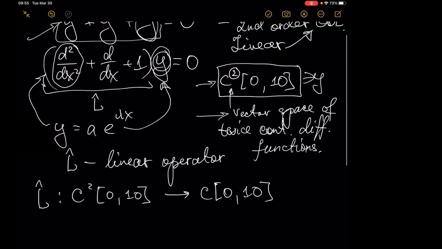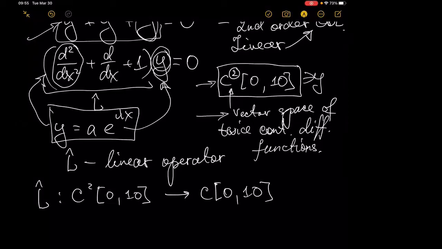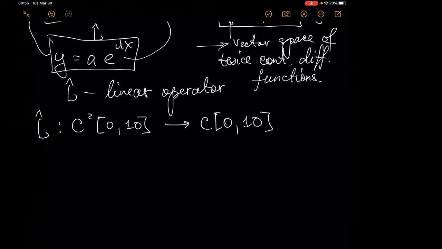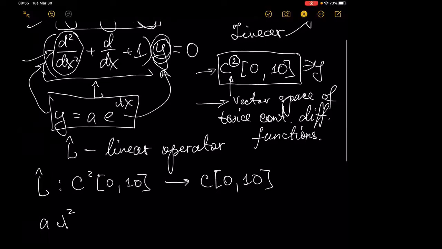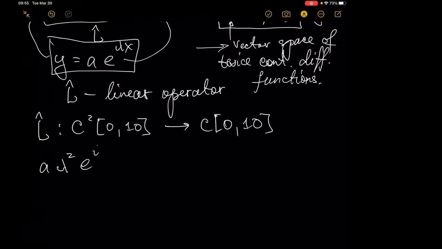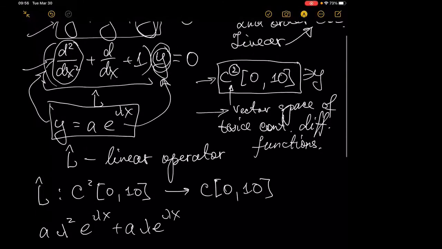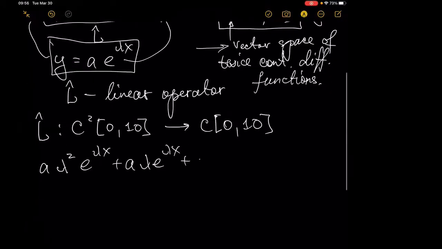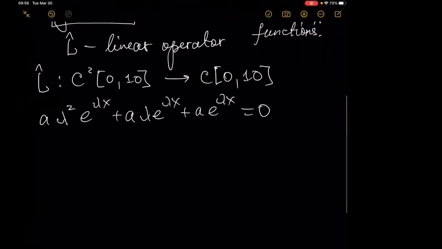Okay, now how can we solve it? Let us try to consider this. If I substitute it here, I will get a lambda squared e to the lambda x, the second derivative, plus a lambda e to the lambda x, where I applied the first derivative, plus a e to the lambda x equals 0.